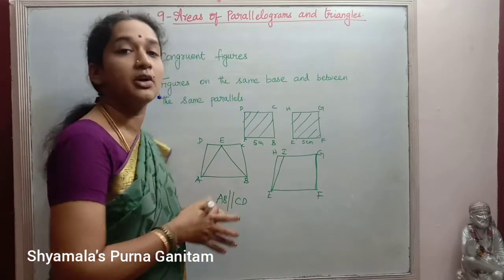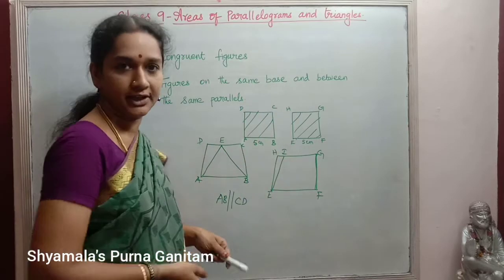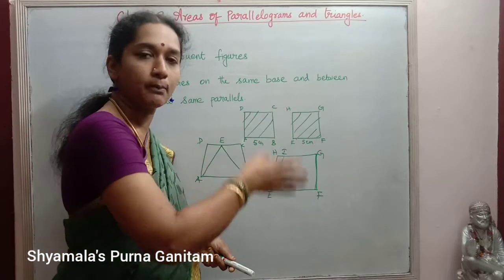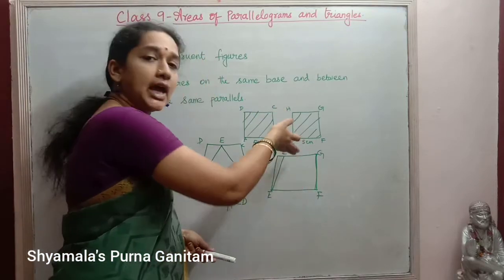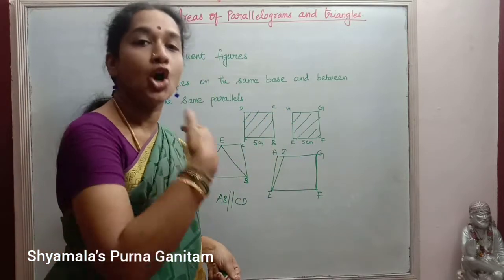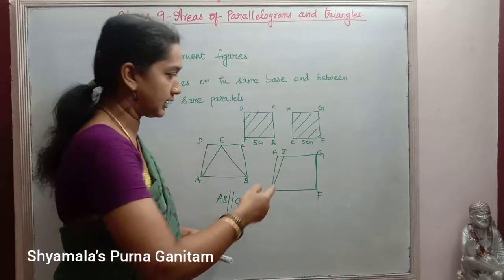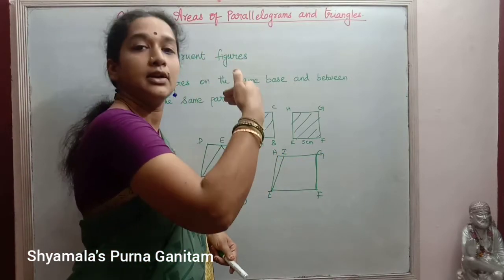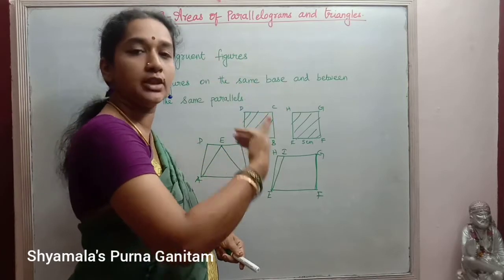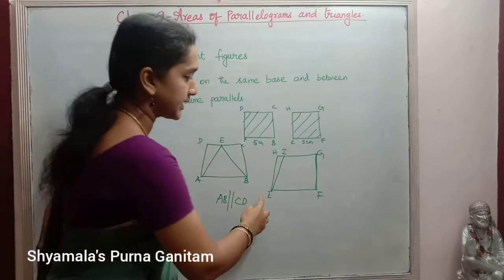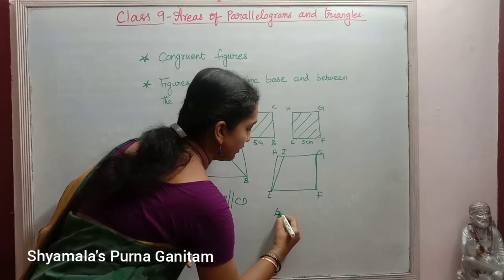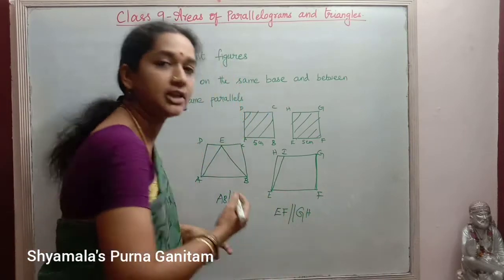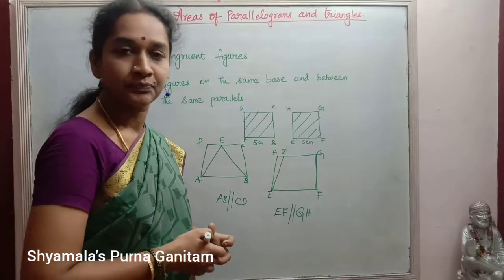So this also comes under this condition. EF is the same base for both the quadrilateral and the parallelogram. The opposite vertices of the parallelogram, G and I, are on the other side, opposite to the base. Here EF is parallel to GH. EF and GH are parallel sides.